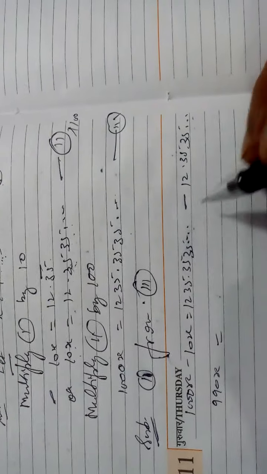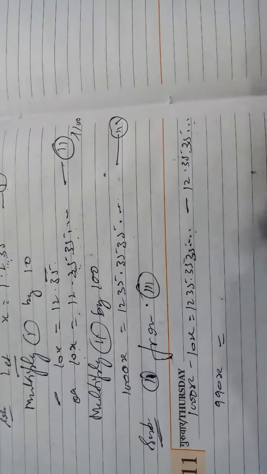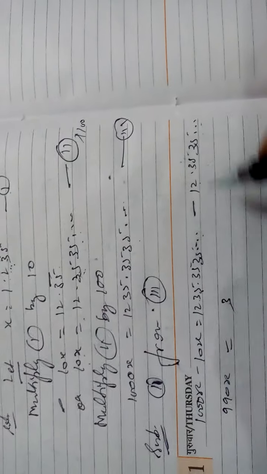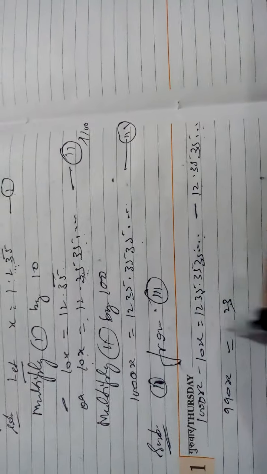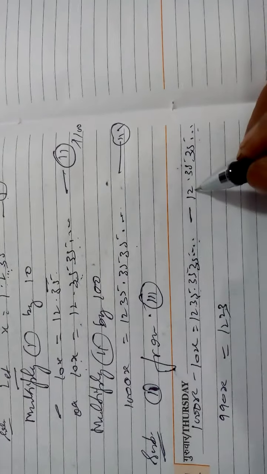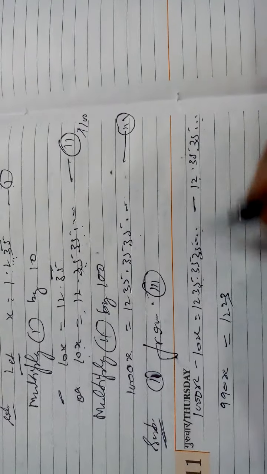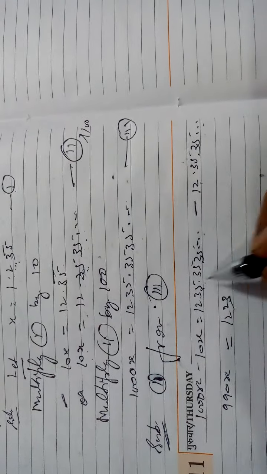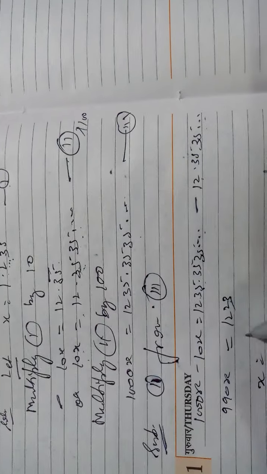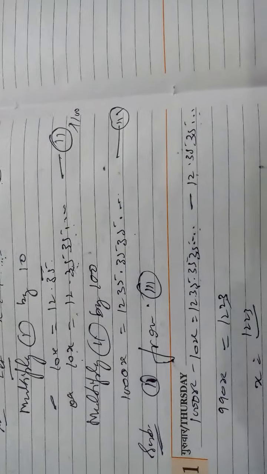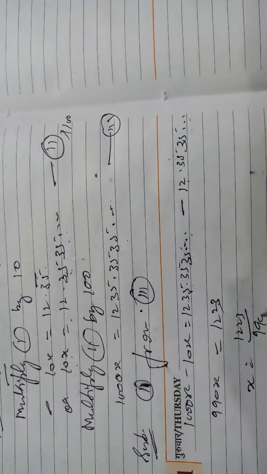So subtracting here, 990x is equal to 1223. 5 minus 2 you will get 3, 3 minus 1 you will get 2, and then 35 minus 12, you are seeing 35 minus 12, you will get 1223. Others are removed. So x is equal to 1223 by 990.